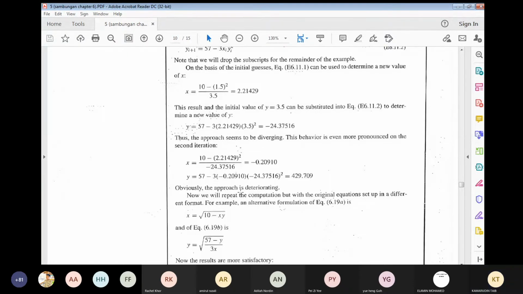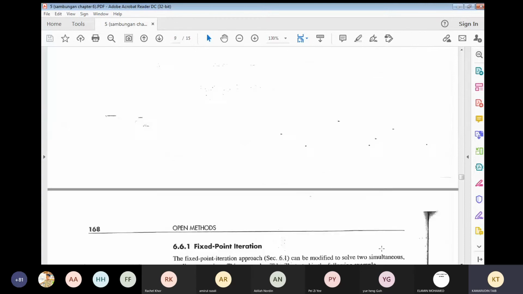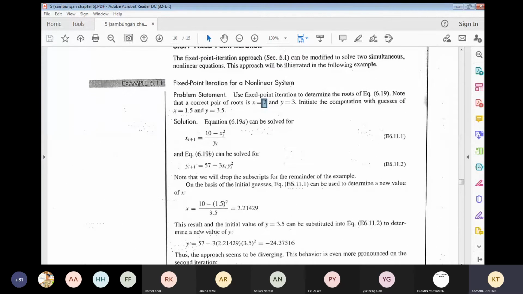So we can repeat the computation, but with the original equation set up in a different format. As I told you, writing the equation this way is not the only way, as shown before. This is not the only equation possible.